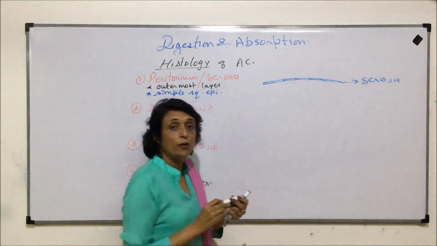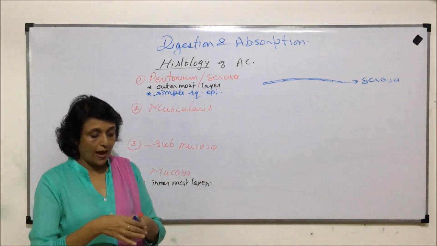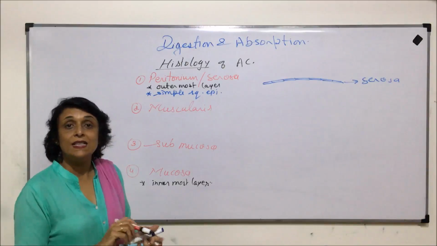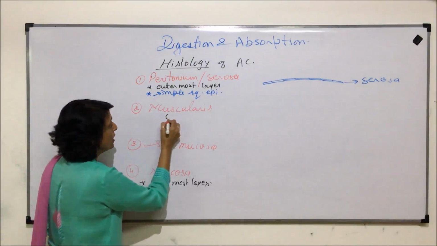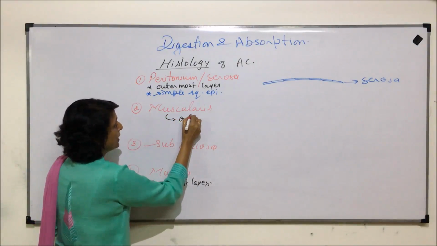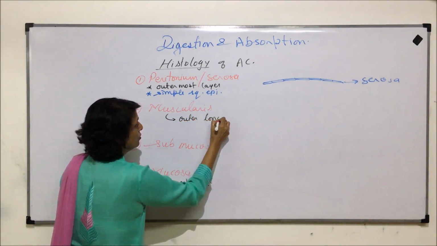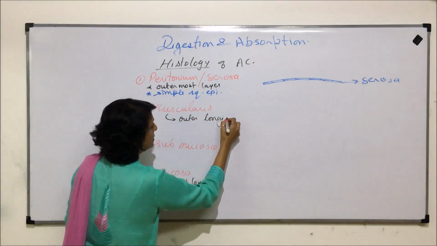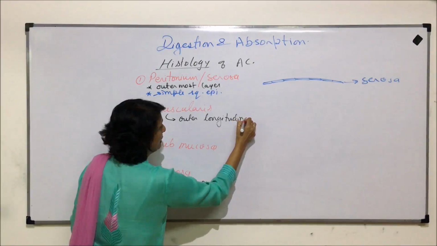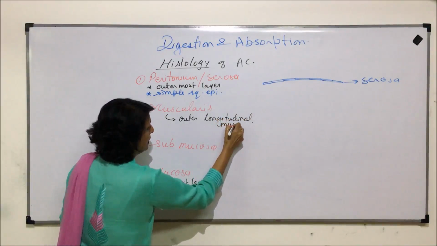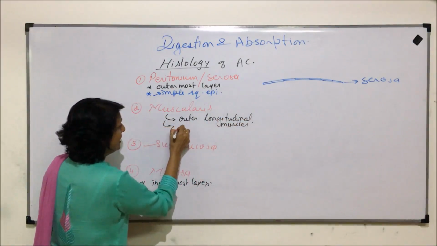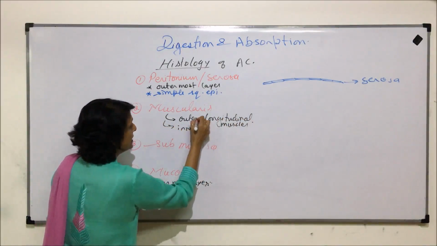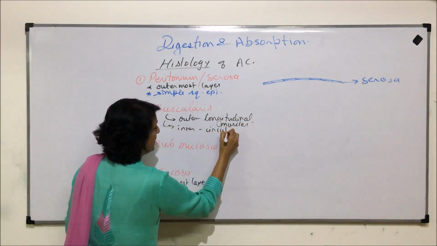Now inner to serosa is muscularis. Muscularis is again divided into layers. The outer layer is longitudinal muscles, and the inner is circular muscles.